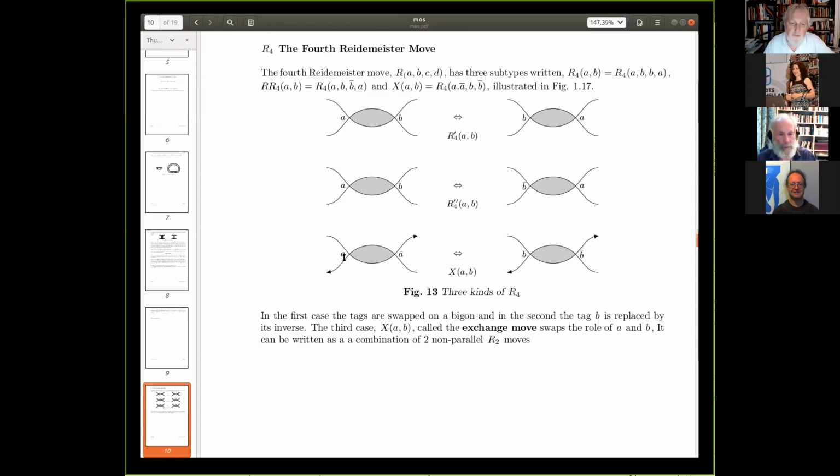You can do this, that eliminates A and A bar, and then you go back again, but this time with B and B bar. So it doesn't appear to be anything new, but it is new when we look at braids. So that's called the exchange move, and we'll be coming back to that in a minute.